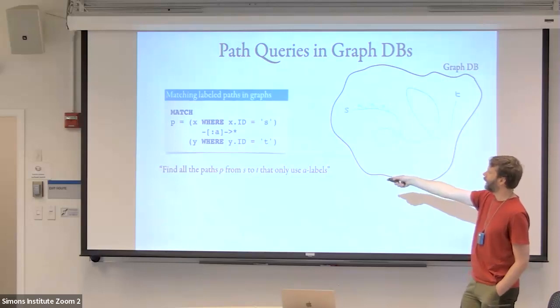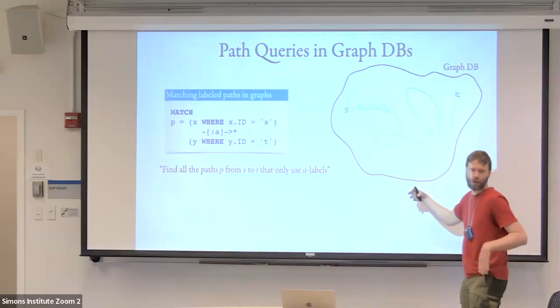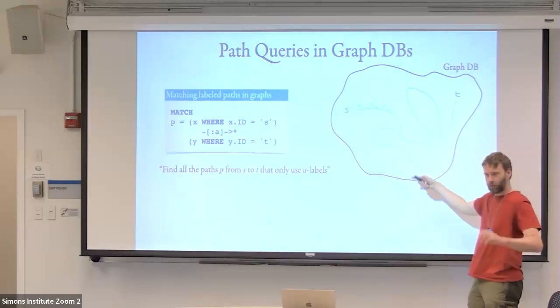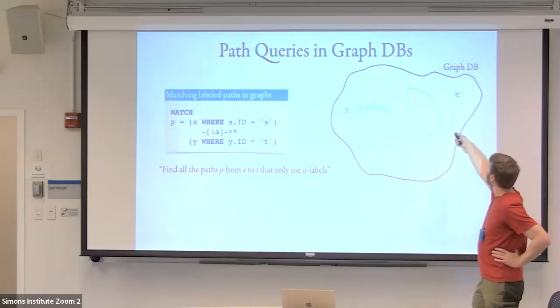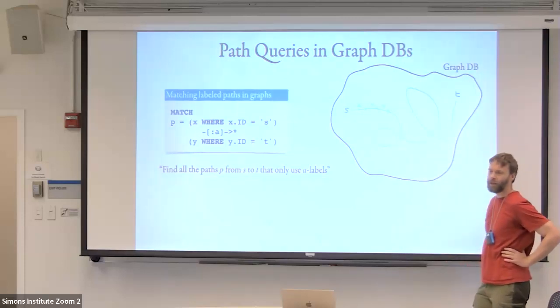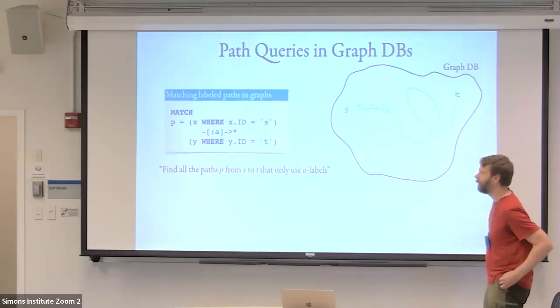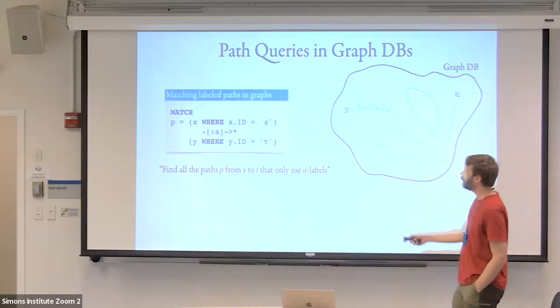P should go from X to Y, from some node X to some node Y. And here I'm putting some condition on this node X. With this, I just want to say I want to go from this concrete node S to this concrete node T. So up to now, we just have S to T reachability in your graph.